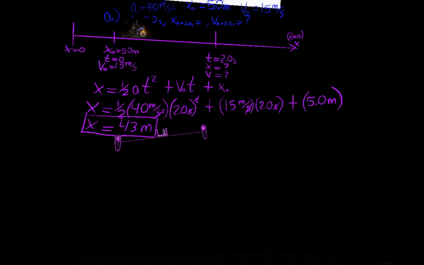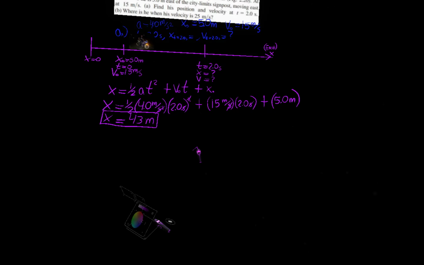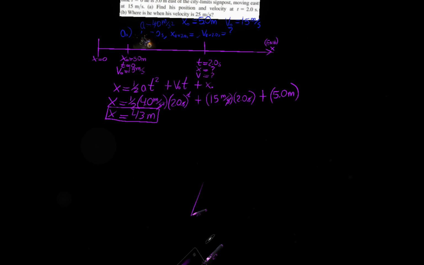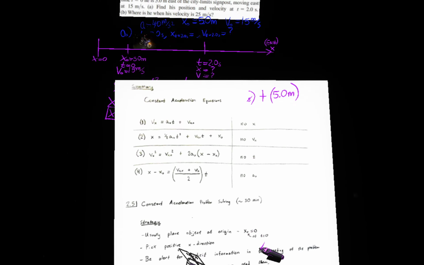Okay, so now velocity. So now we want to solve for velocity. Let's bring our equations back up. Which one might we want to use to solve for velocity? A little bigger maybe. All right, we'll just go down the line here.